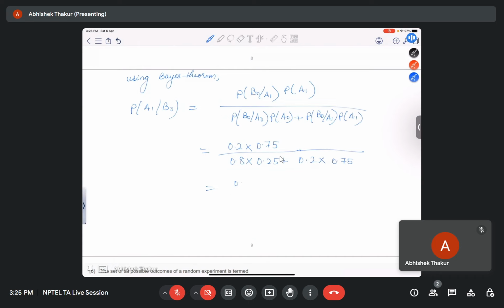So we will get 0.15 divided by 0.2 plus 0.15. So that is equal to 0.15 divided by 0.35, which is equal to 3 by 7.